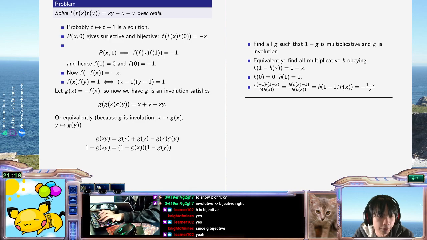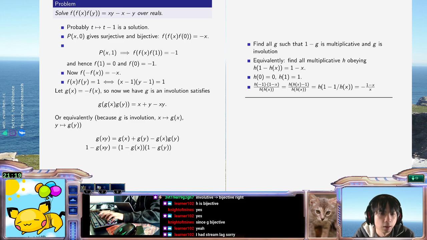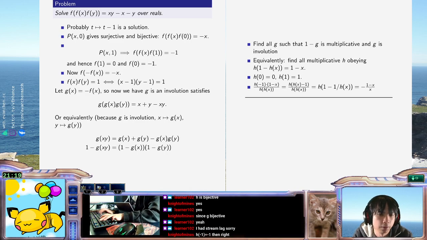So since g is bijective, h is automatically bijective. So h of minus 1 is equal to minus 1. So this gives h is itself an involution. That's really good actually.